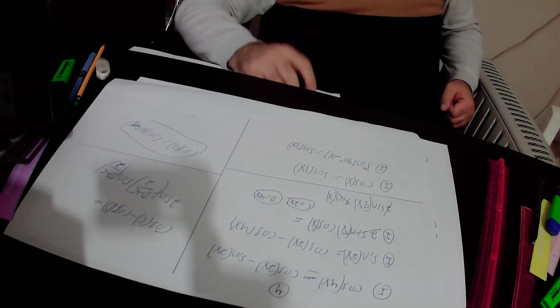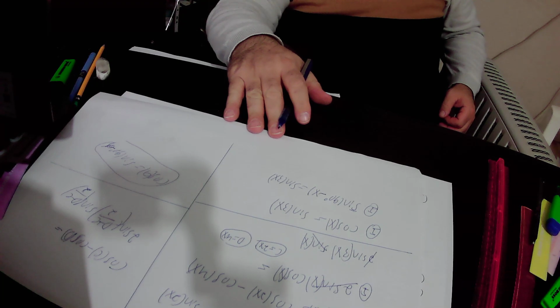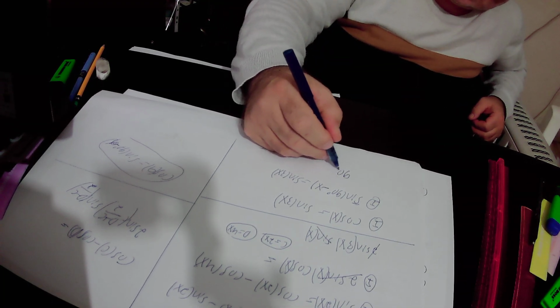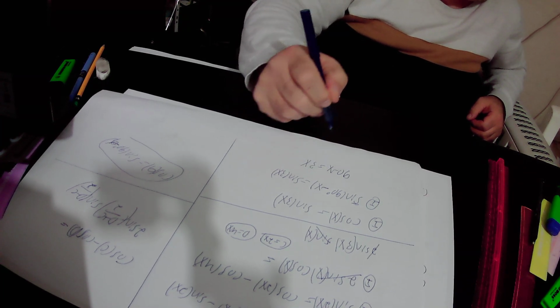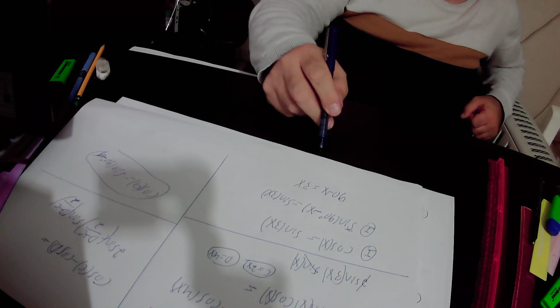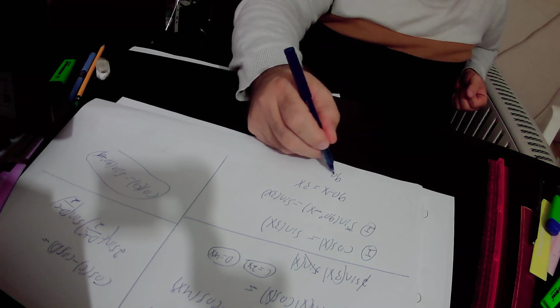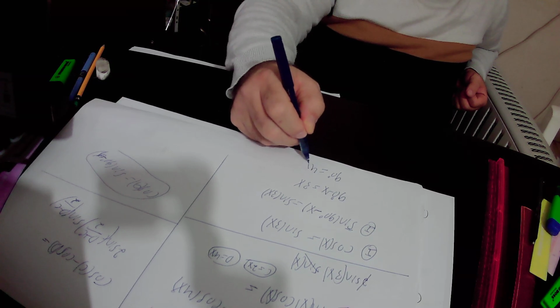So we got that sine 90 degrees minus x equals sine 3x. That is to say, 90 degrees minus x equals 3x. Here we will add x to this equation, and we will get that 90 degrees equals 3x plus x, which is 4x.